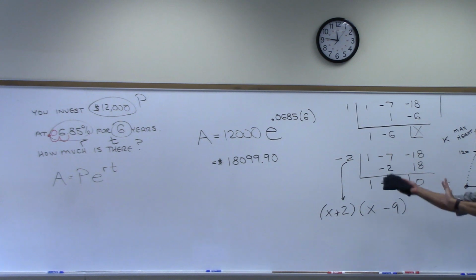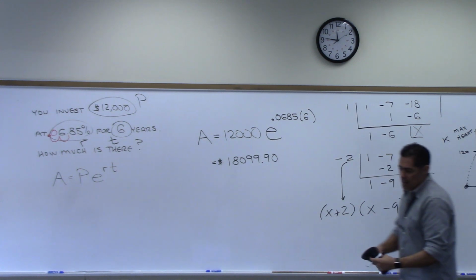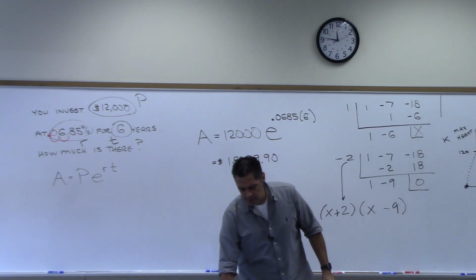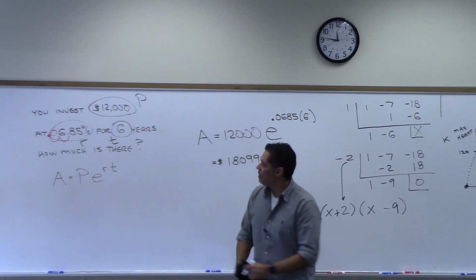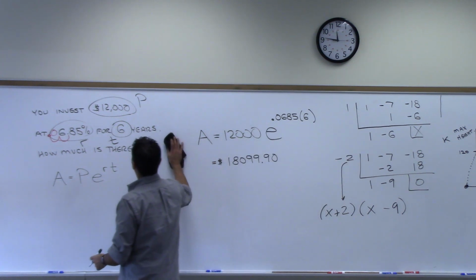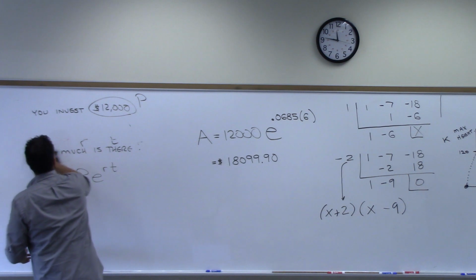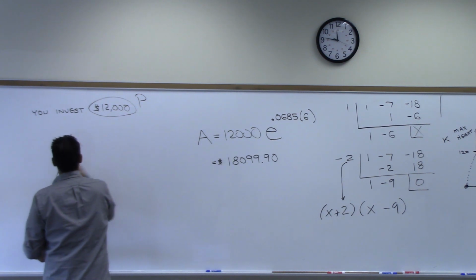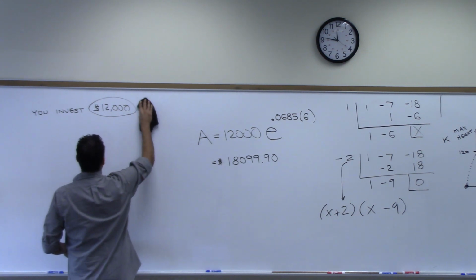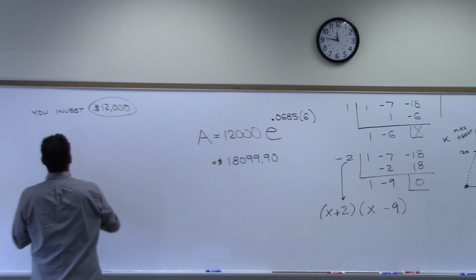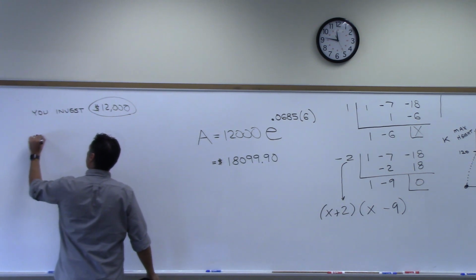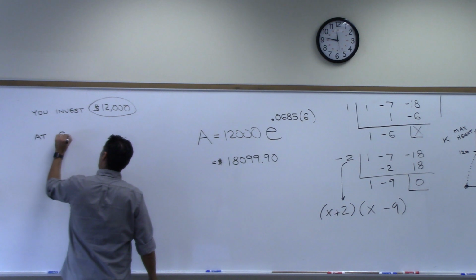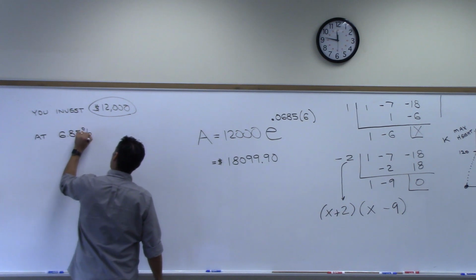All right, got it? Good? Yes? Okay, now the next problem is going to be something like this. You invest $12,000 at 6.85% again.